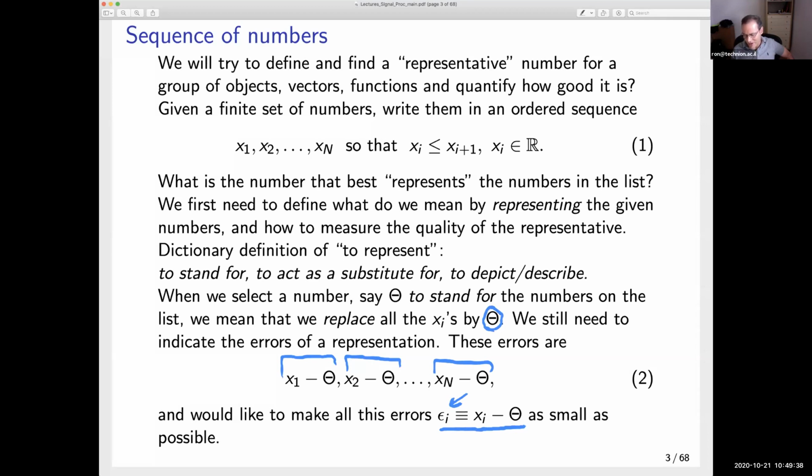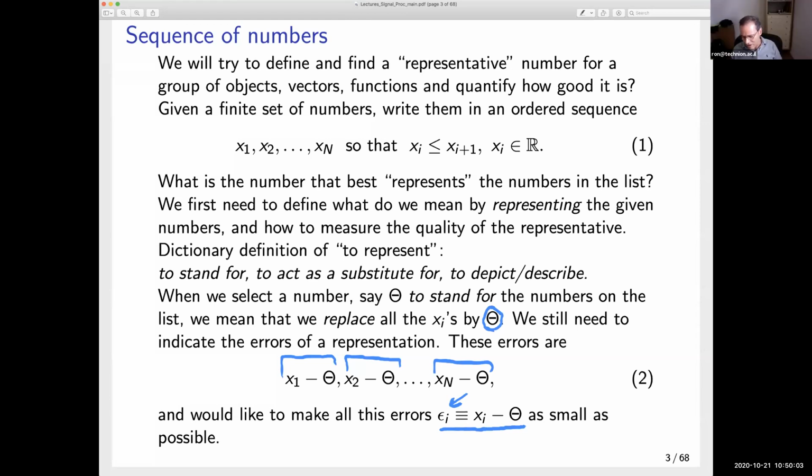Suggestions, please raise your hands. Michael, yes? We can make an average of all the numbers and make theta this average.